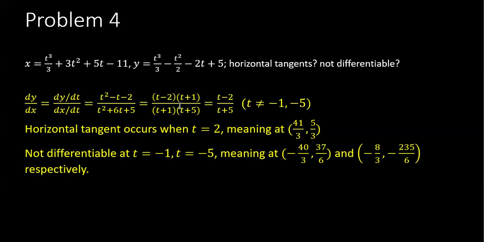So the horizontal tangent occurs when t equals 2. And it's not differentiable at t is -1 and t is -5 because we'll be dividing by 0 at those two. And we have a 0 at t is 2, not at t is -1 because we'll have a divide by 0 problem. So it's not differentiable there. So the corresponding x, y coordinates are these if you plug in the values of t into the definition.